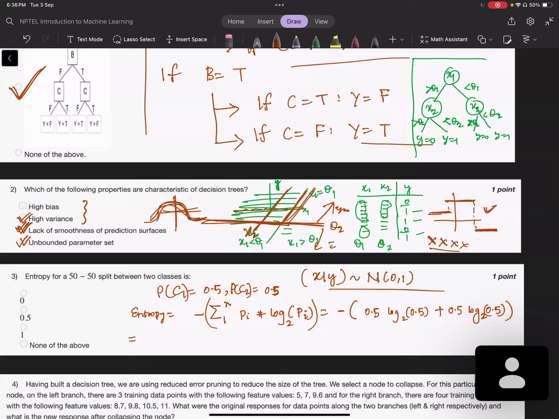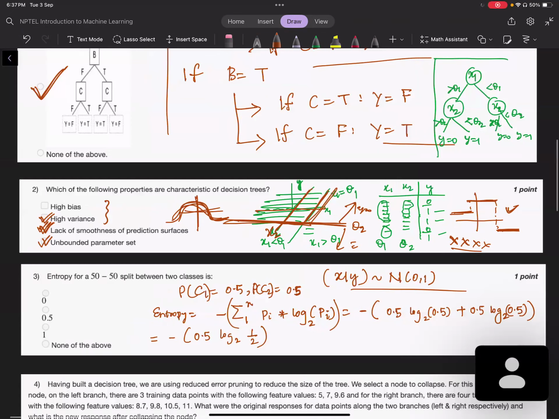So if we calculate that, log base 2 of 0.5 is log 1 minus log 2, which is minus 1, since log 2 base 2 is 1. So this will result in minus 1.